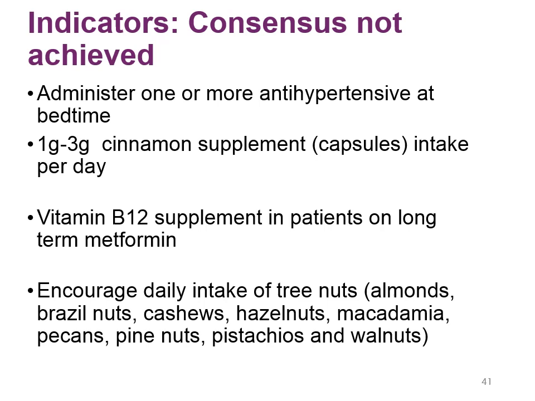These are the indicators which did not achieve consensus from the panel of experts. Number 1, taking at least one antihypertensive at bedtime. The reason is a recent Time study, which was late last year, early this year, concluded that it was the same clinical outcome whether antihypertensive should be taken in the morning or evening.